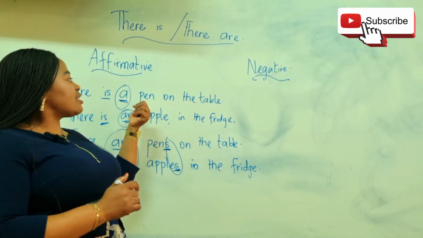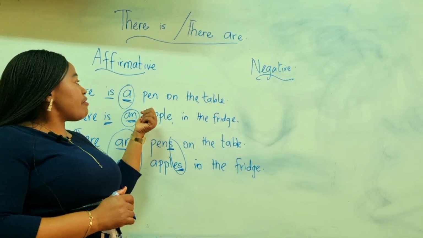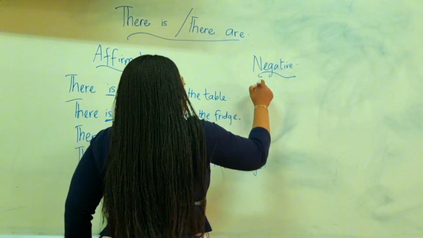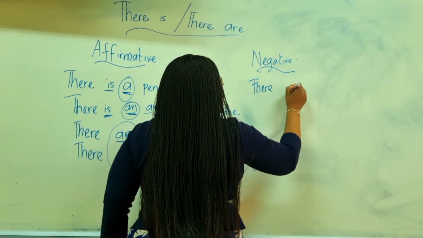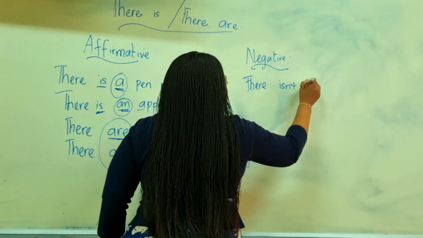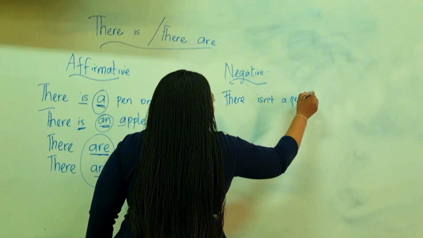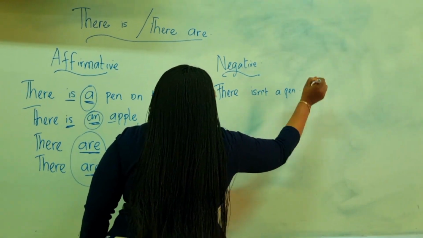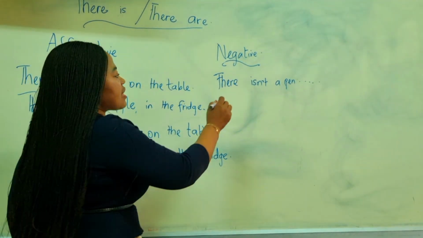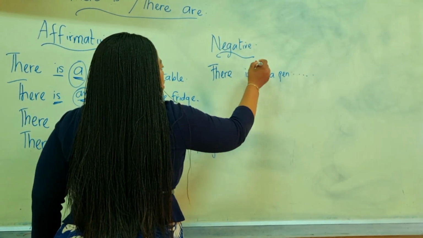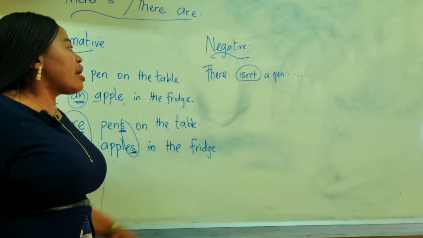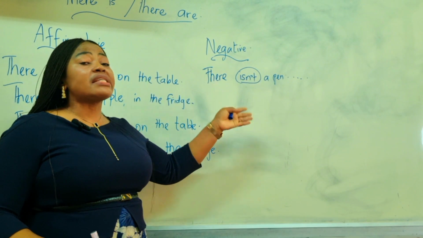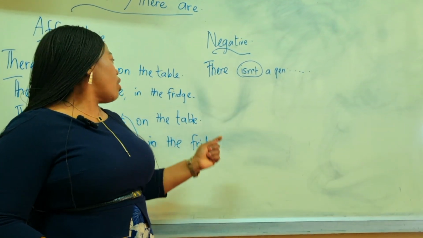If you want to use this sentence for negative, it becomes there isn't a pen on the table. On the table. Full stop. There isn't a pen or there is not a pen. There is not, but it's better to use isn't. There isn't a pen. Isn't means is not. There isn't a pen on the table.